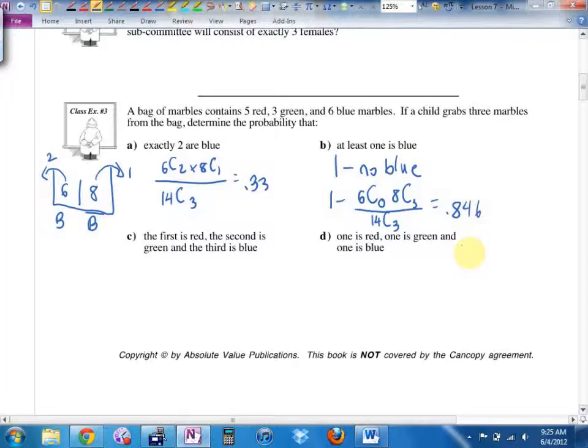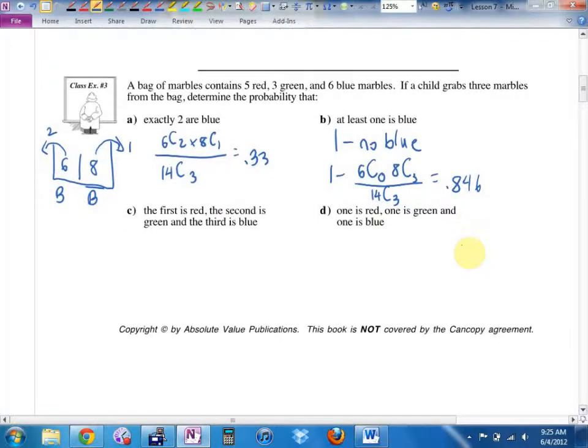C. Does the order matter in C? This is a permutation. I can visualize this tree. Let's walk down it. 3 levels. First one is red. How many reds are there in the bag, out of?